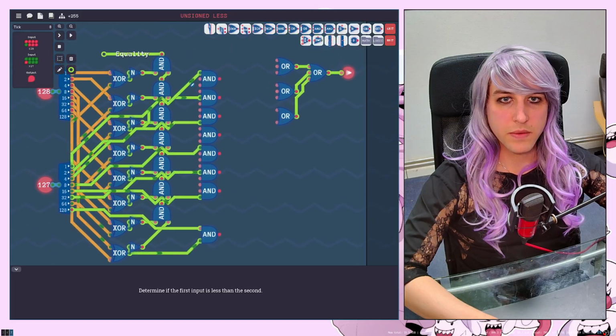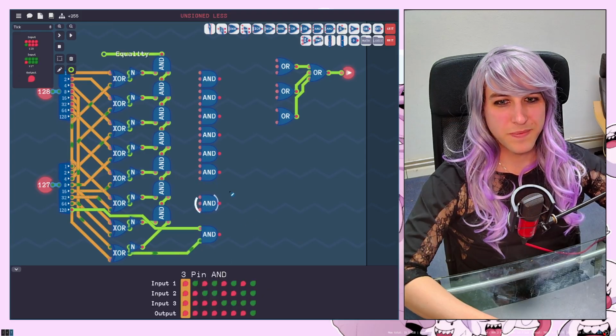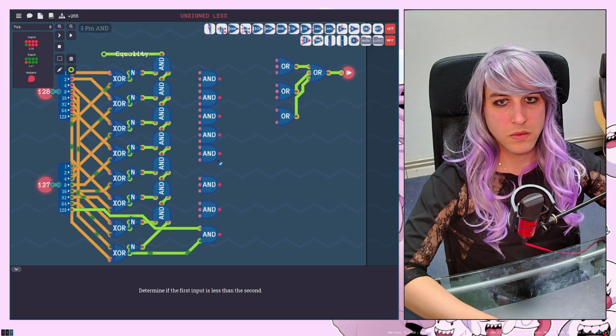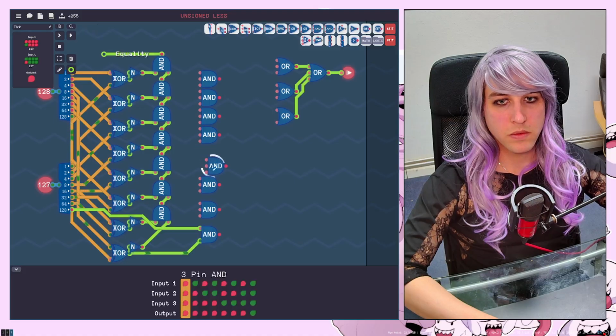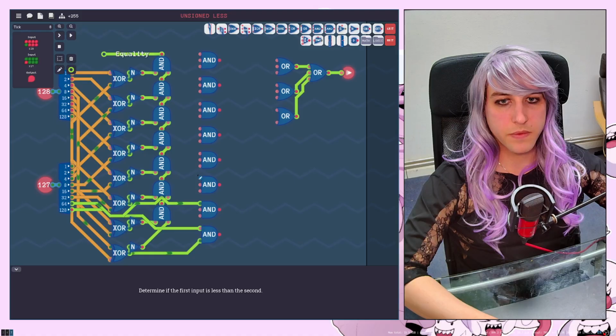I dislike how horrible. We're going to connect the lowest to the first, or the uppermost.